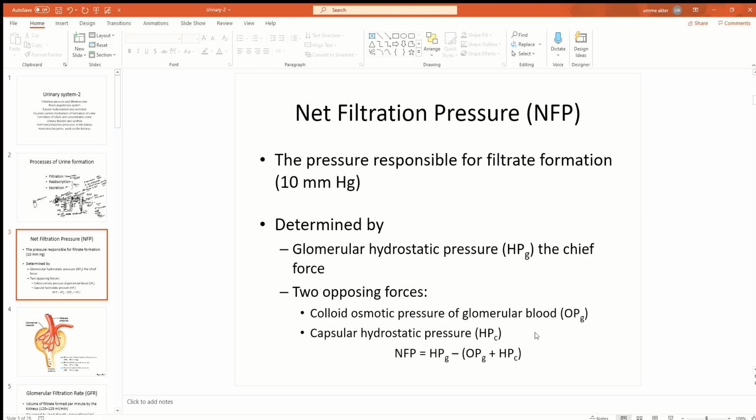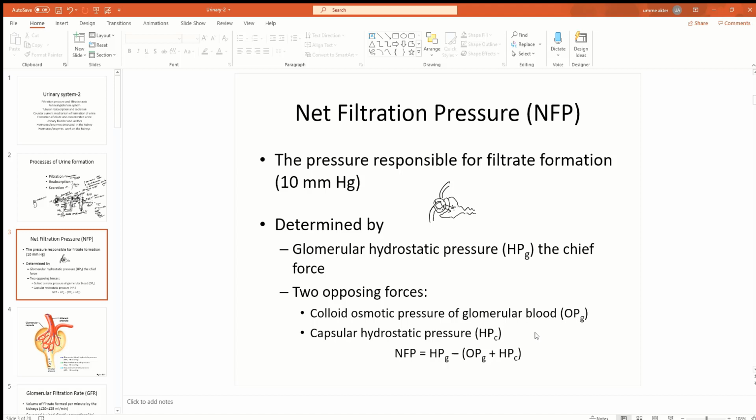Now the net filtration pressure is the pressure that causes filtration. So let me draw again here. You remember this is the Bowman's capsule, right? And here the blood. So to move the fluid from the blood to the nephron, the pressure must be higher here and lower here.